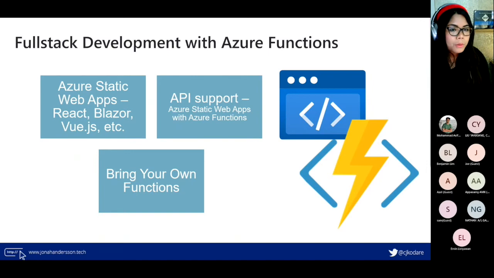Azure Static Web Apps supports adding an API, or you can also bring your own functions, which means if you already have existing functions published in a function app, you can bring them into your static web app in a separate project. So this is a good combination of powers between these Azure services.